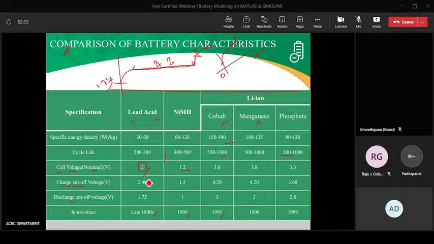The lower cutoff should be 1.75. Beyond this one we should not go, because the battery may go into deep discharge. So this one was about the charging cutoff and the discharging cutoff.